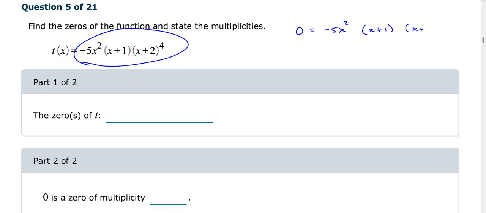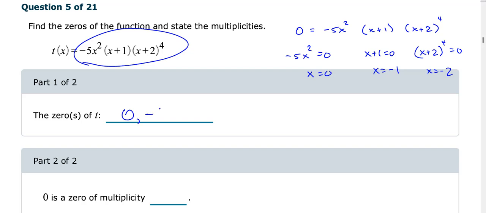Now I need to set each of those factors equal to 0 and solve for x. So I get x equals 0, x equals negative 1, and x equals negative 2. So those are my zeros, 0, negative 1, negative 2.